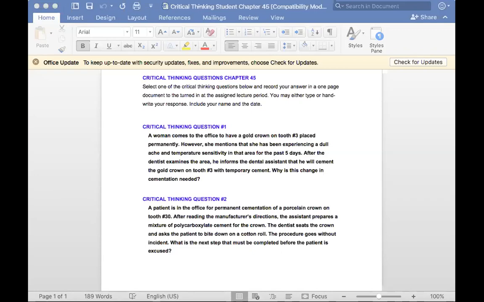The difference between zinc oxide eugenol and zinc phosphate and polycarboxylate. Hold on, I'm reading her question. Polycarboxylate is what she meant, but who knows the difference between those three types of cement we spoke about? Zinc oxide eugenol, zinc phosphate, and polycarboxylate.